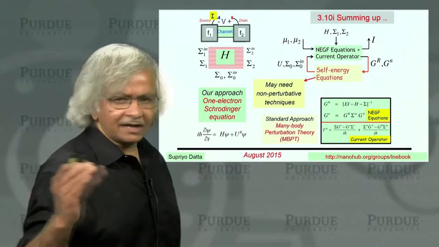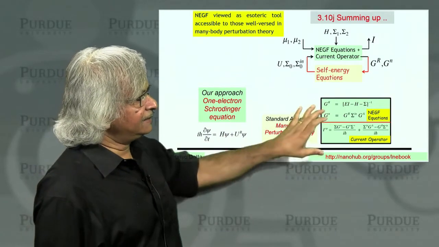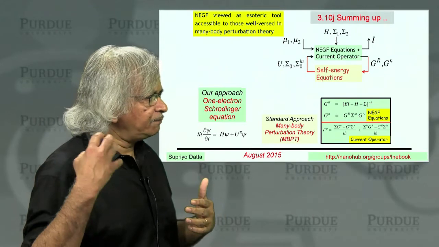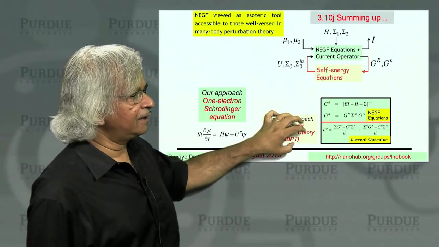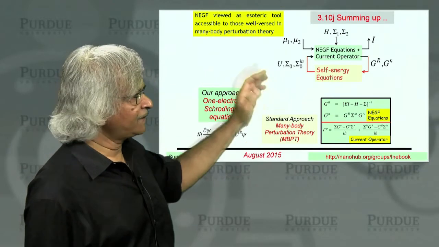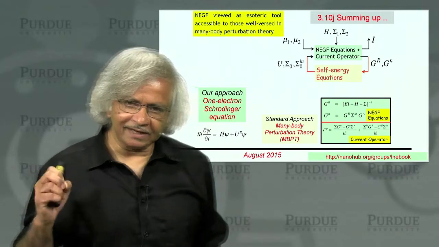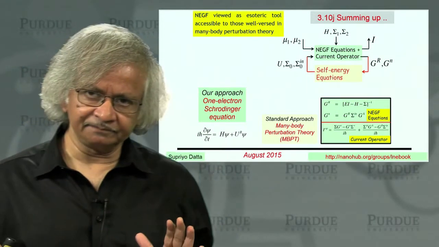But one last thing to mention here is that, in general, these equations are obtained from many-body perturbation theory. And so, in people's minds, this whole approach is kind of tied to the many-body perturbation theory. And so people view NEGF as an esoteric tool, which is accessible only to those who are well versed in this formalism.